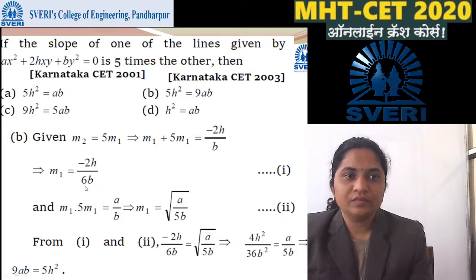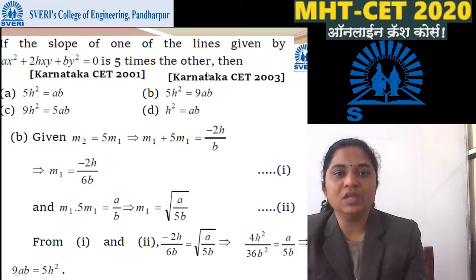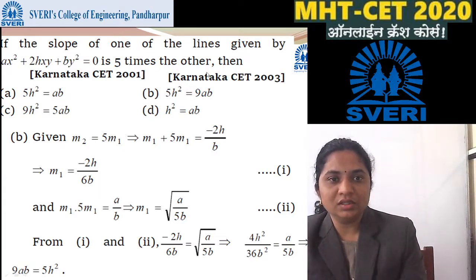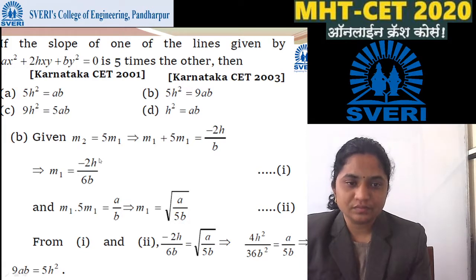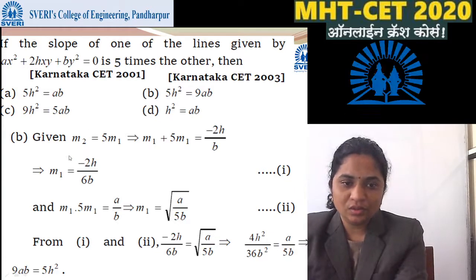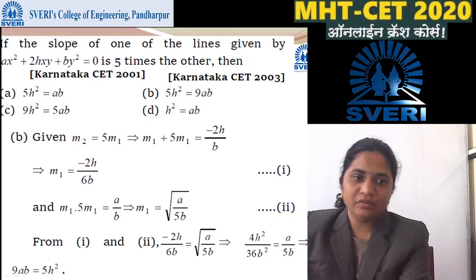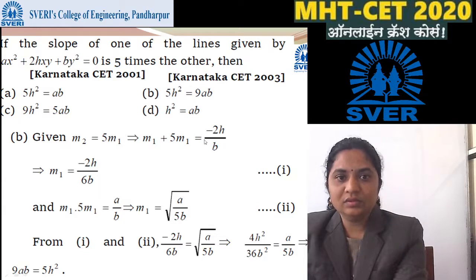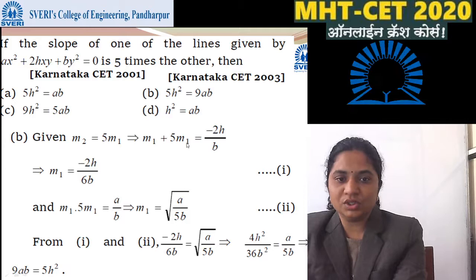Next question. If the slope of one of the lines given by is 5 times the other, again the same one, it is 5 times the other, then what is correct? So that is a condition we can use here also. And we can also see here that if m1, m2 are the two slopes, one is 5 times the other, we know these conditions.